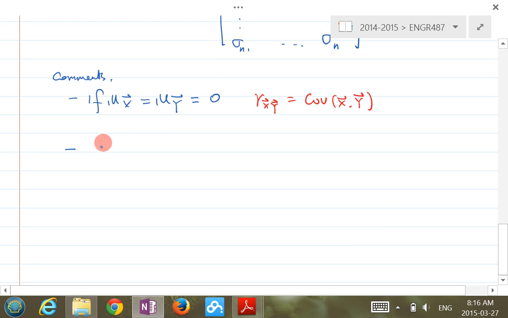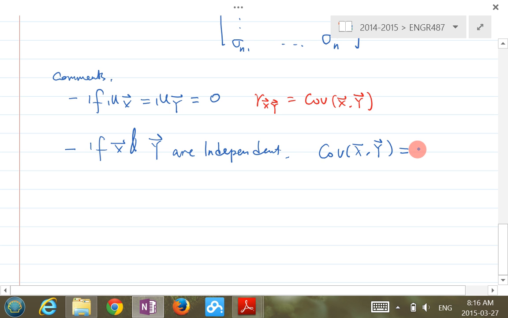And if x and y are independent, just like single variables, then the cross-covariance matrix is going to be 0.